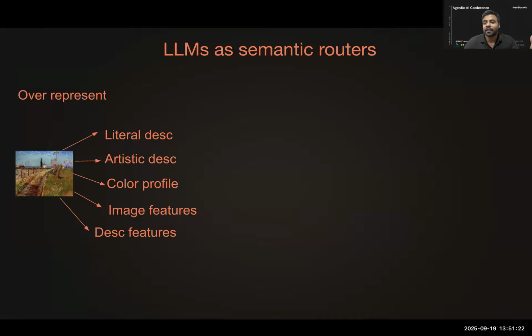You could talk about color profile, like it's bright colors, or what kind of mood it evokes. It's dull, bright, depressing, or uplifting, things like that. And then image features. By image features, I mean pixel level features. For that, you will use embedding models, CLIP, SigLIP, whatever works well. And maybe description features as well. So the description can also be encoded as a vector. You can use that as well, right?